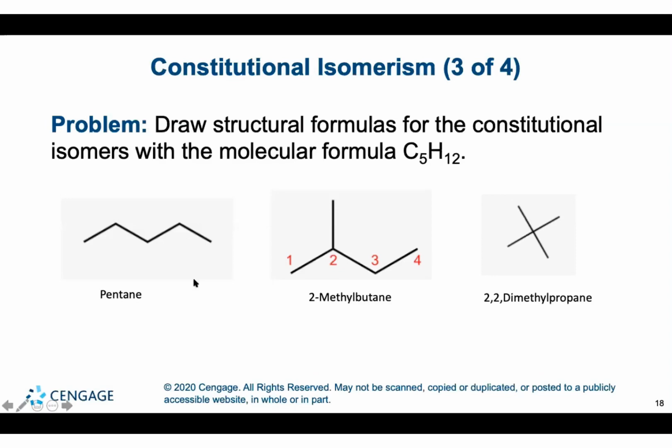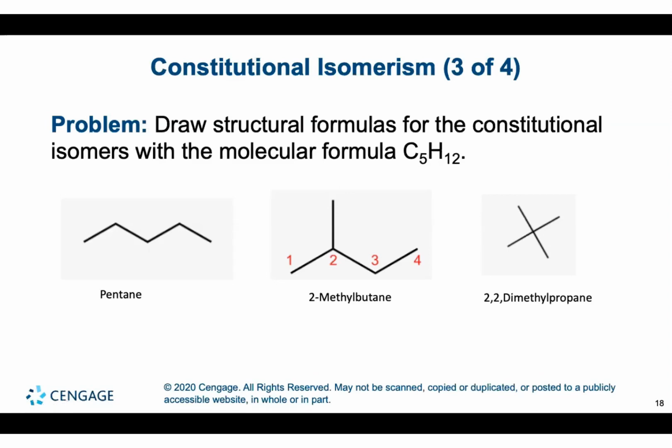Then for the second one, you look at the first one that you drew, the one on the left side. You are going to remove one carbon from one side of it, left or right side, and put it as a branch on a carbon other than the first carbon.